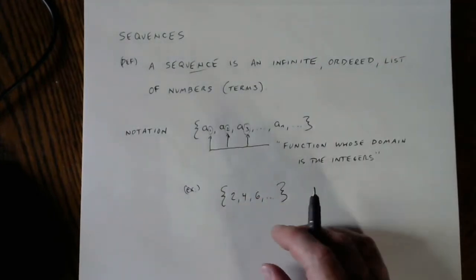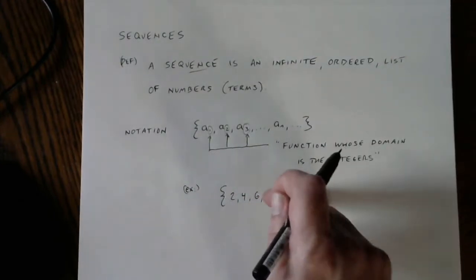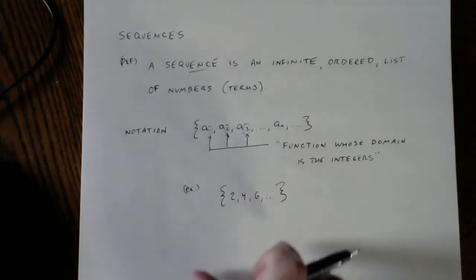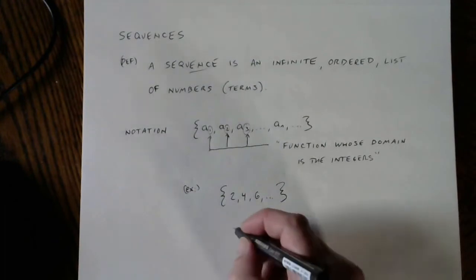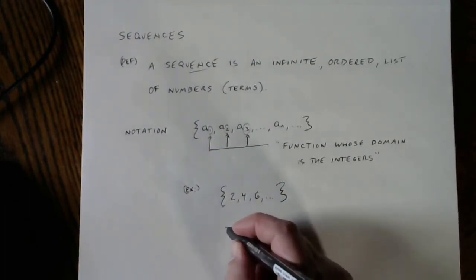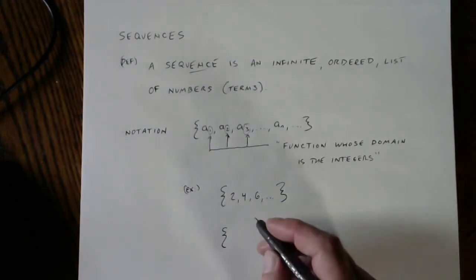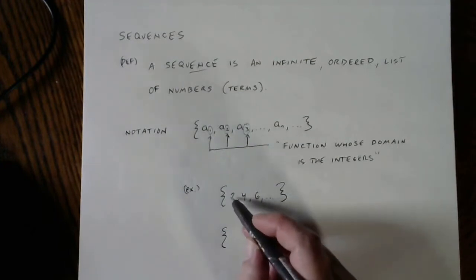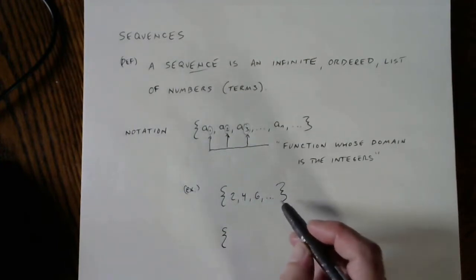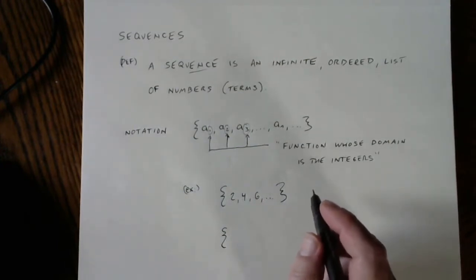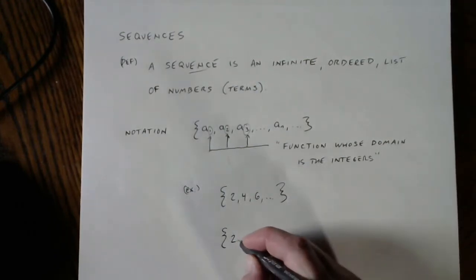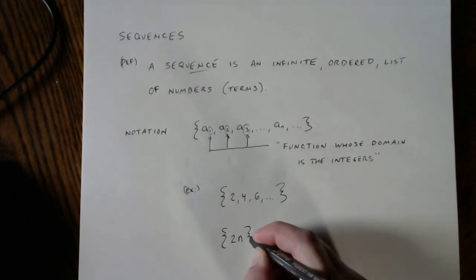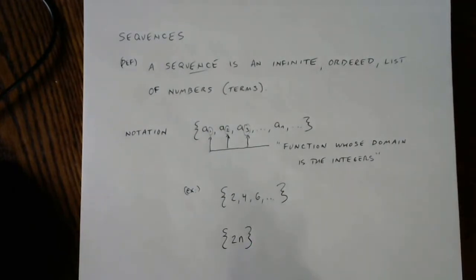Another way, more notation. I'll use this same sequence in all the examples of the notation. Is to use the same bracketing, but rather than list out individual terms, what I will use is a formula for the individual terms.